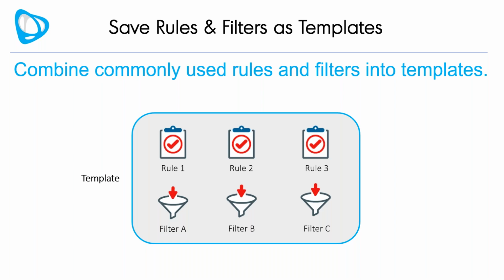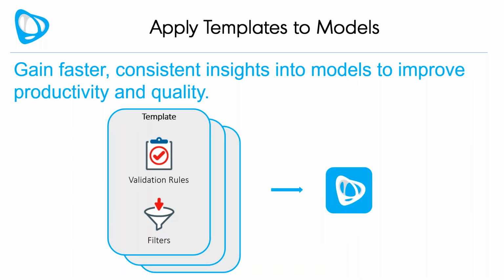And we're going to say filters A, B, C, and rules 1, 2, 3, all of those we want to keep applying to the next project without having to redo them. So we're going to define a template. Then for the next project iteration model or another project, you just simply apply a template. So all of the rules and the thought that you put into what you want to highlight can just simply be reapplied.